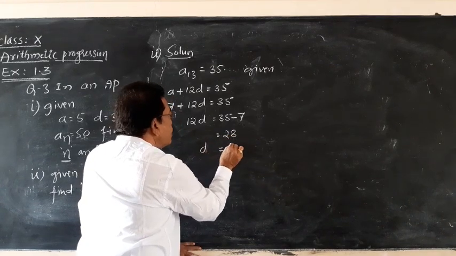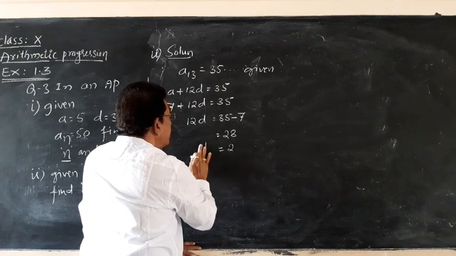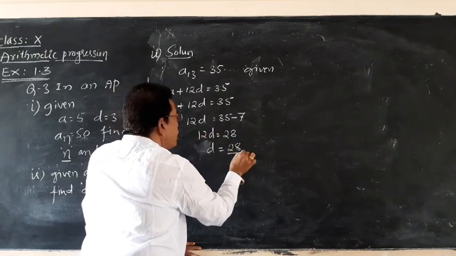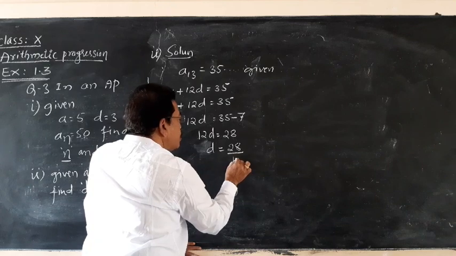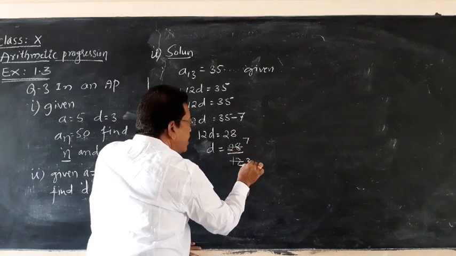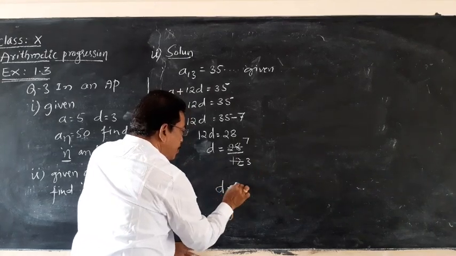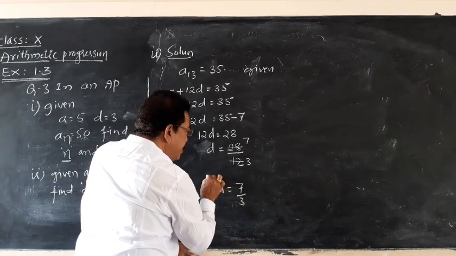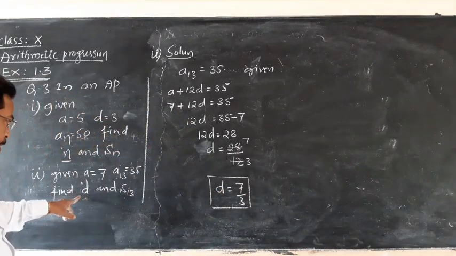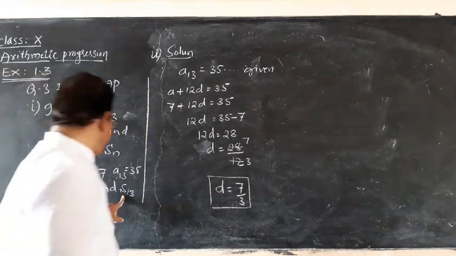Therefore, d equals 28 divided by 12. 4 sevens are 28, 4 threes are 12. d equals 7 by 3. Then S13.